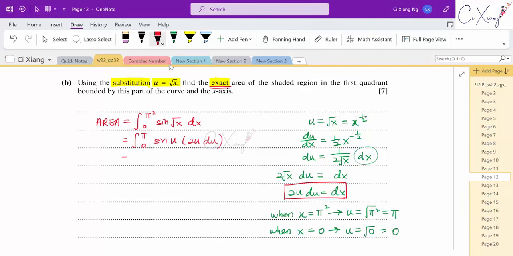If we simplify it, I prefer to bring the constant 2 in front, and then we have u sine u du. Now if we look at u sine u du, it is actually two different types of function, the product of two functions. When you have the product of two functions, for the integration, usually we need to apply integration by parts.